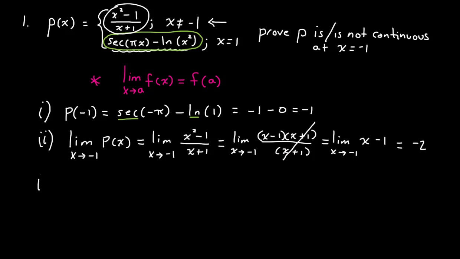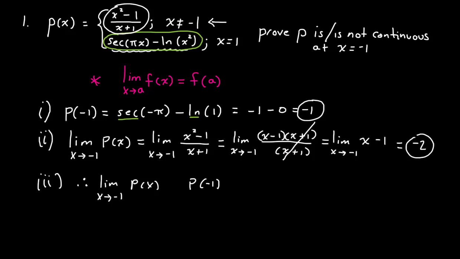Now, in the final step, step 3, I always want to see in this final step the definition present, the thing I have in pink. So here, I'm going to say, therefore, the limit as x approaches -1 of p of x, and I'm going to compare that to p of -1. And if you see here, the value of the function was -1, and the limit was -2. So these most certainly are not equal, right?